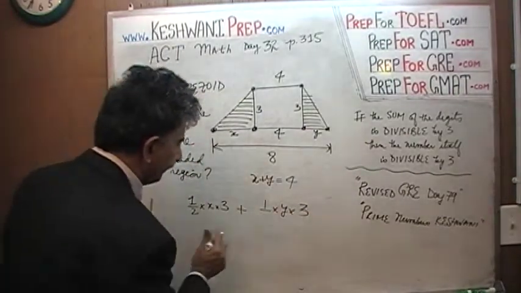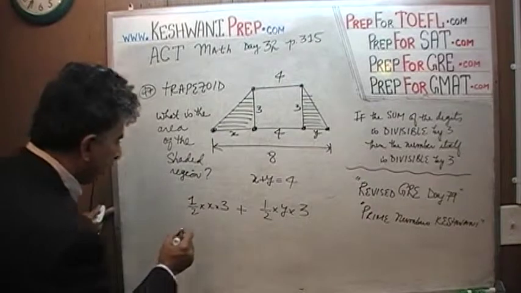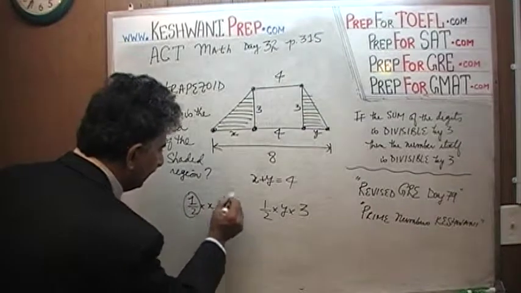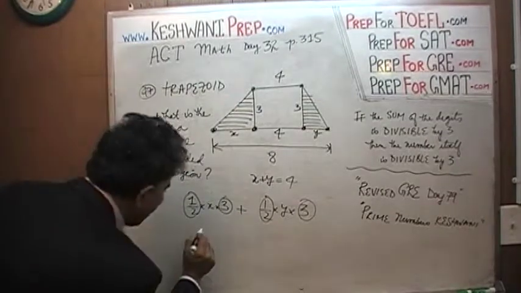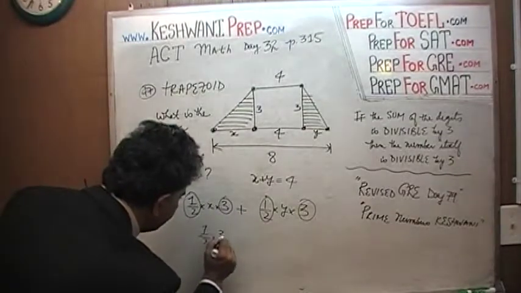What do we notice? We notice that 1/2 times 3 is common in both of them. 1/2 times 3 is the common factor. We can take it out common.